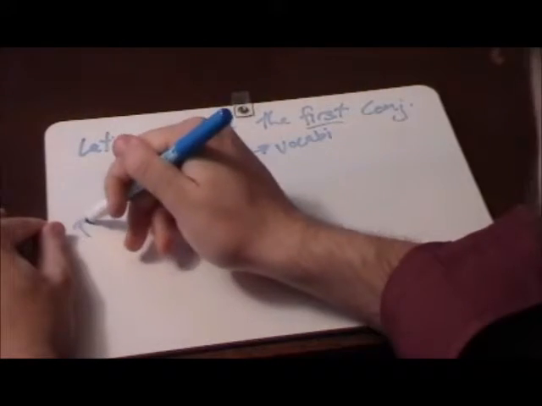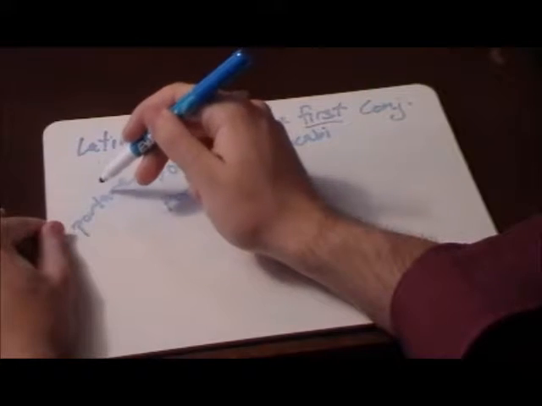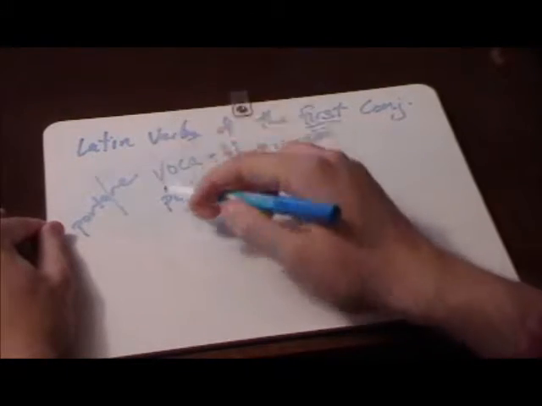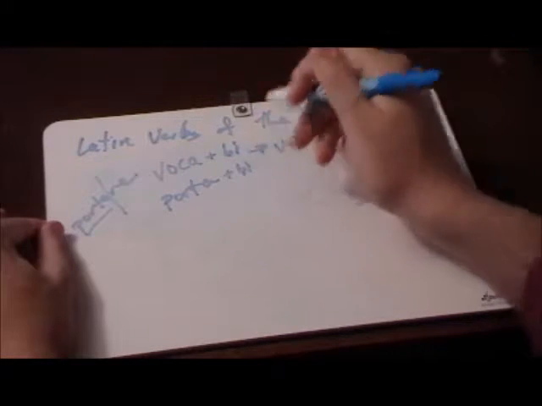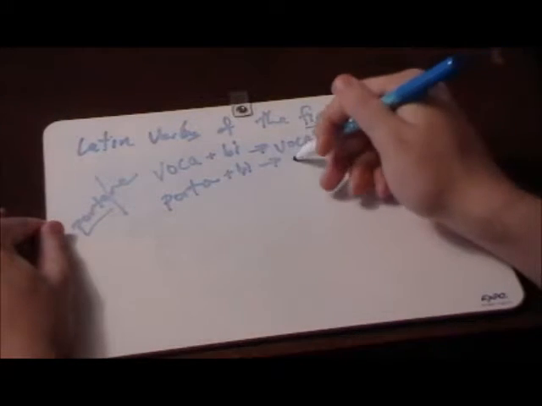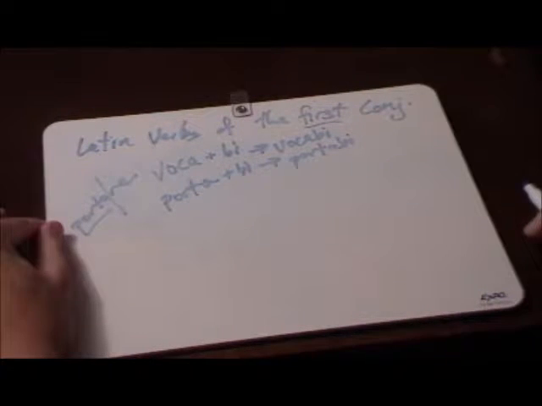How you got porta was portare, the second principal part of porto, portare, to carry. Take off the RE, that's how you get porta. Plus your tense indicator of BI, portabi. So the first step is to find the stem. The second step is to add your BI tense indicator.